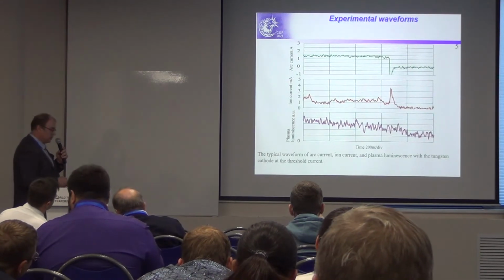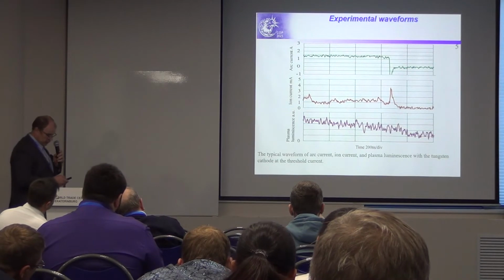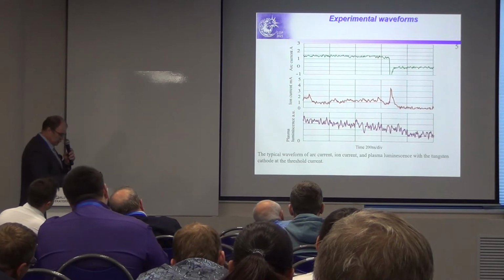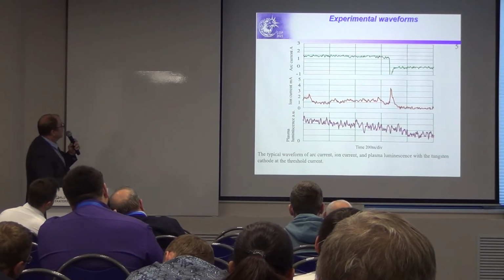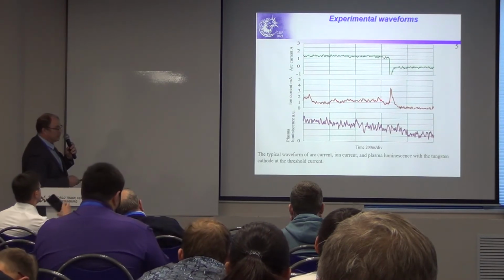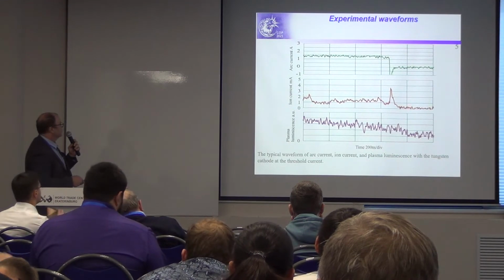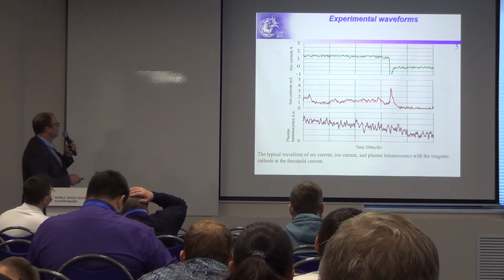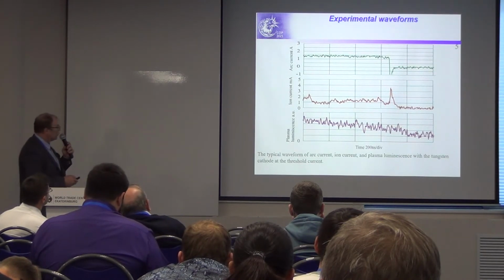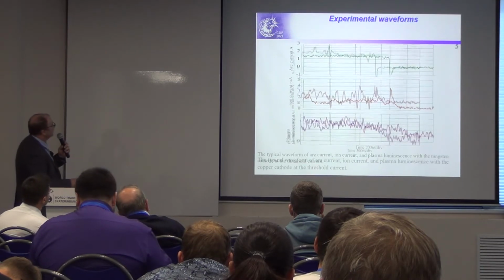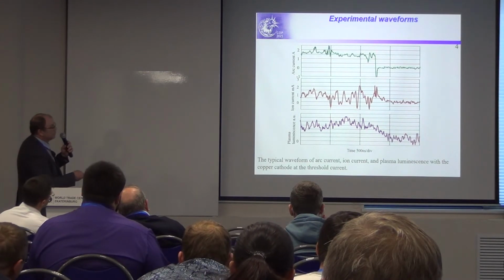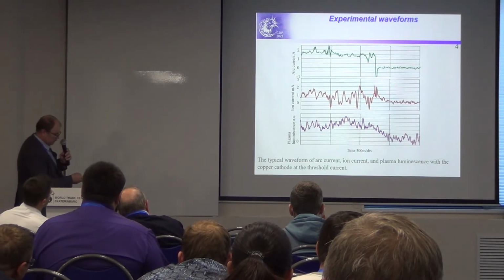In the case of the tungsten cathode, one can't notice significant instabilities in the arc current, but in the ion current the instabilities remain, and they make about 20, maybe 30% of the overall current. And the same as in the previous case, at the end of the current chopping there is a very intense ion burst.